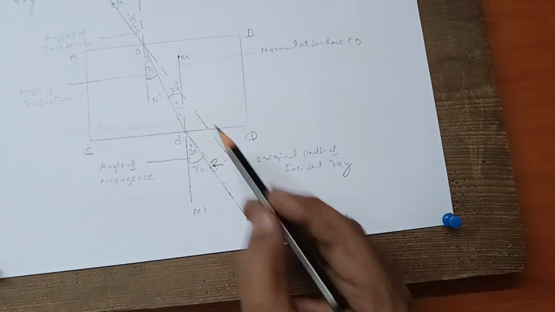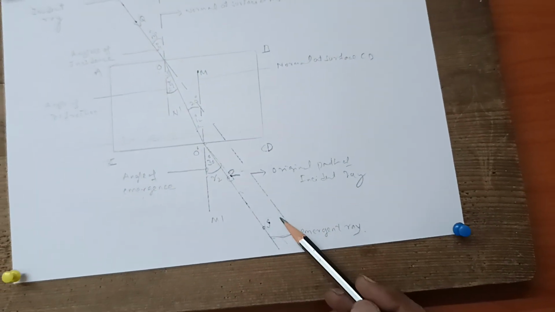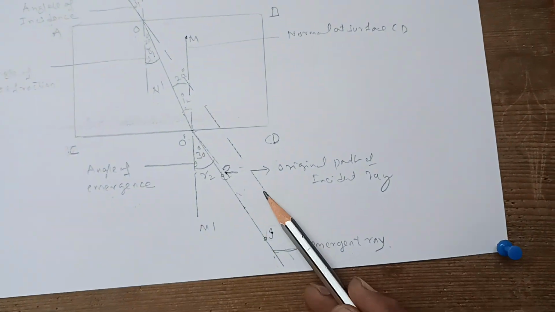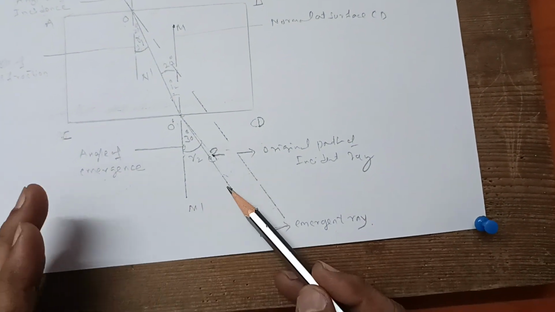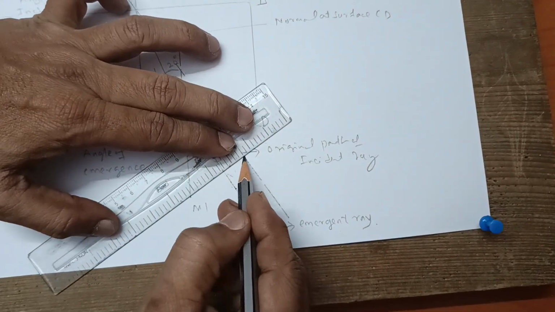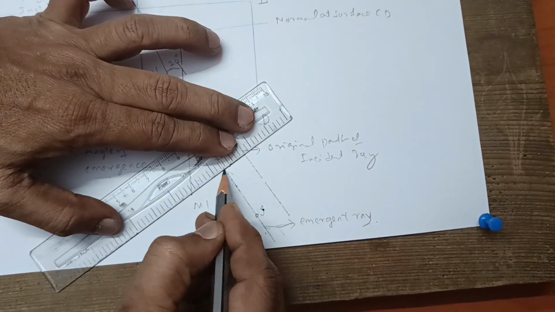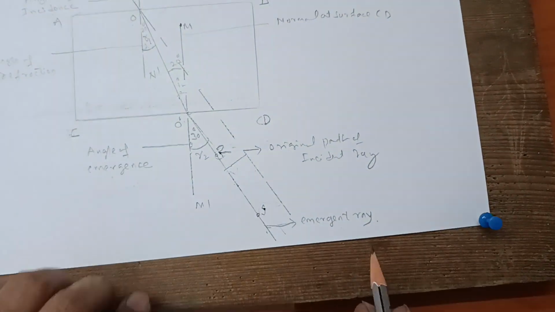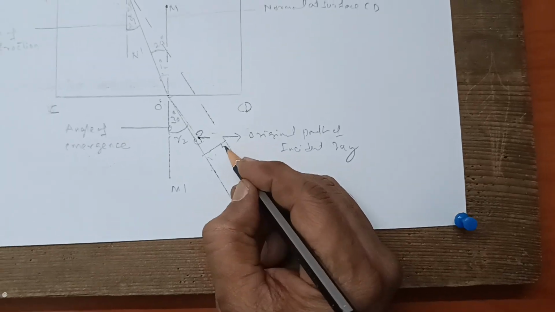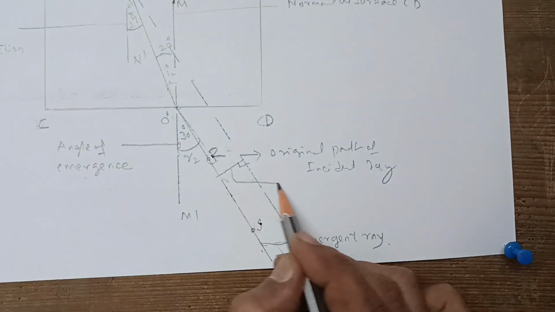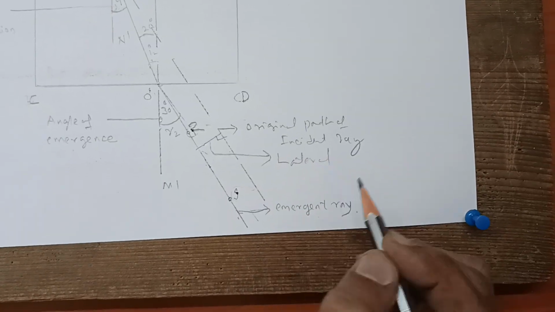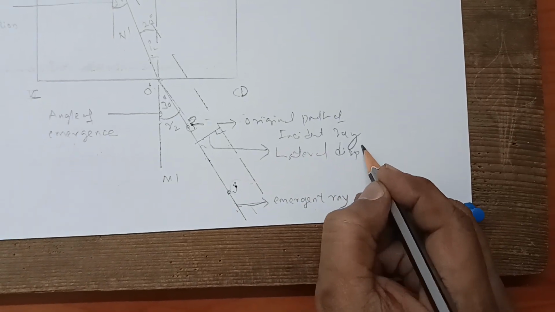You can see the original path of the incident ray is parallel to the emergent ray, but it is shifted slightly towards the left side. You can draw the perpendicular line between the original path of the incident ray and this emergent ray, and this perpendicular distance is called lateral displacement.